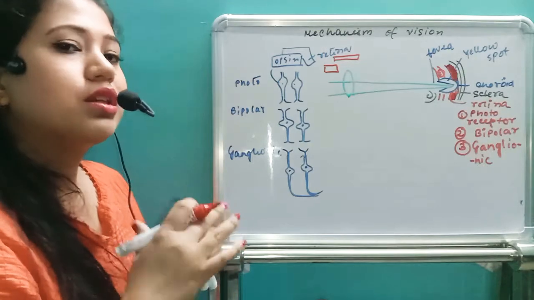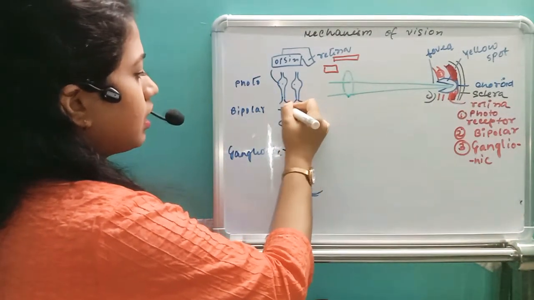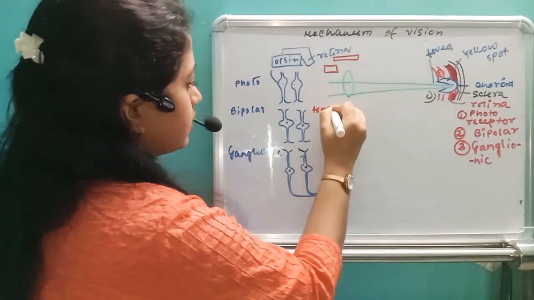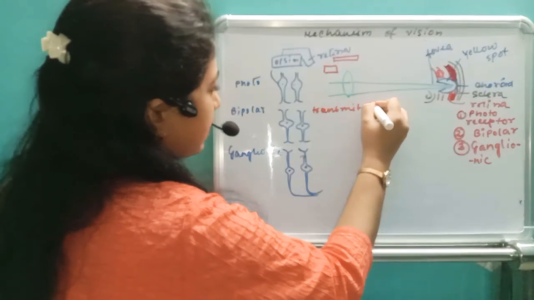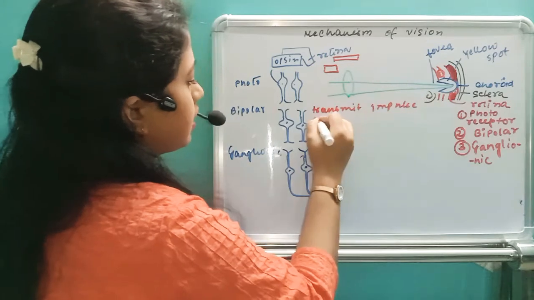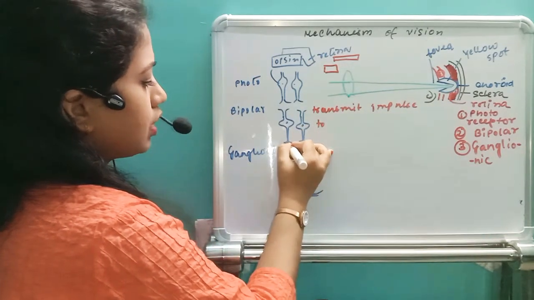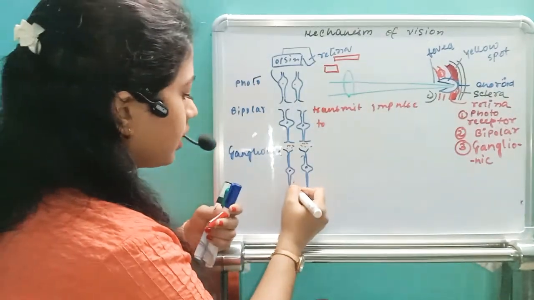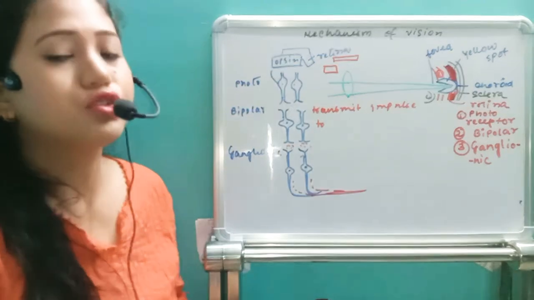That's what happens in the photoreceptor cell layer, and it will transmit the impulse to the bipolar layer, and from the bipolar layer to the ganglionic cell layer, and from the ganglionic cell layer it will go via the optic nerves to the brain.